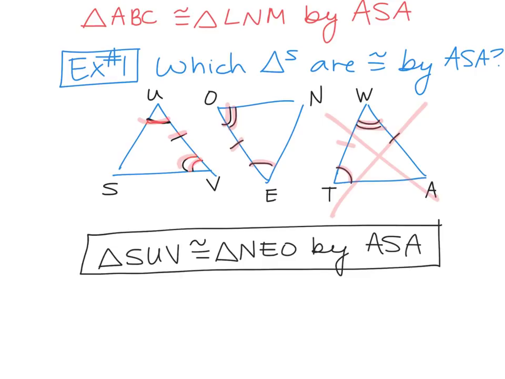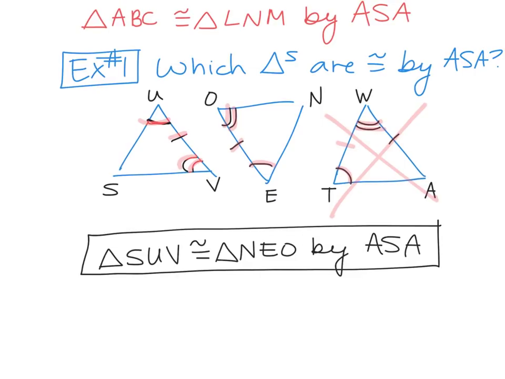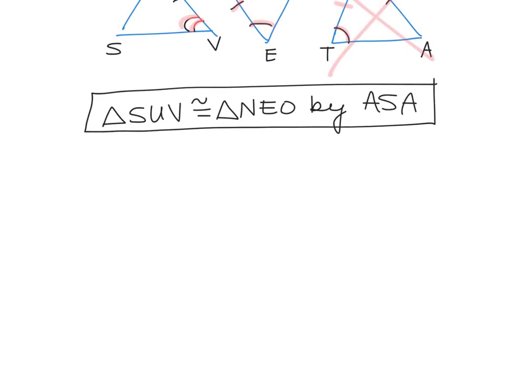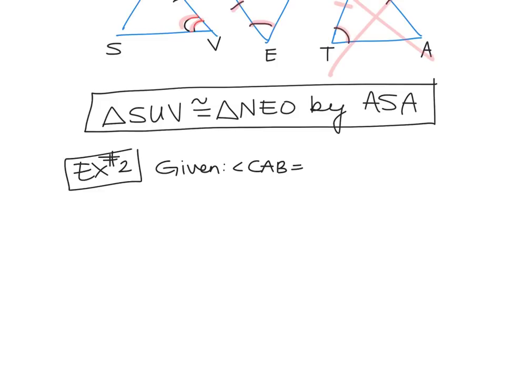Okay? All right, let's say we're going to do a proof here. Example 2. You are given that angle CAB is congruent, not to triangle, to angle DAE. Segment BA is congruent to segment EA.